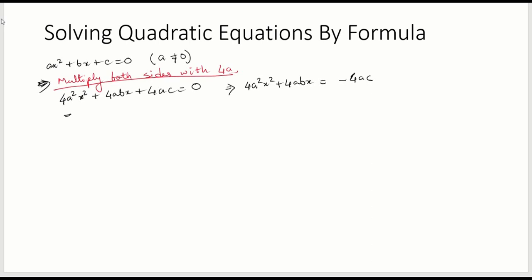So we get 4a square x square plus 4abx plus b square equals b square minus 4ac. So what we are currently doing is finding a formula to find the value of x, which we can use on any quadratic equation.